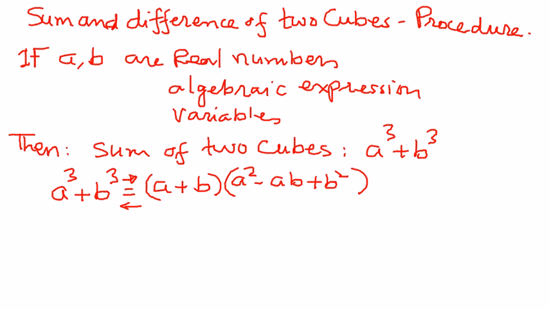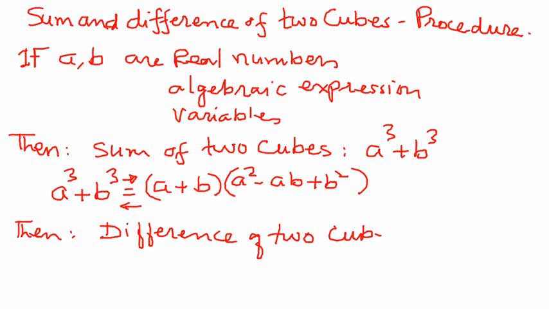Similarly, if we have a and b as real numbers or algebraic expressions or variables, then the difference of two cubes, we can write as a cubed minus b cubed, like that.